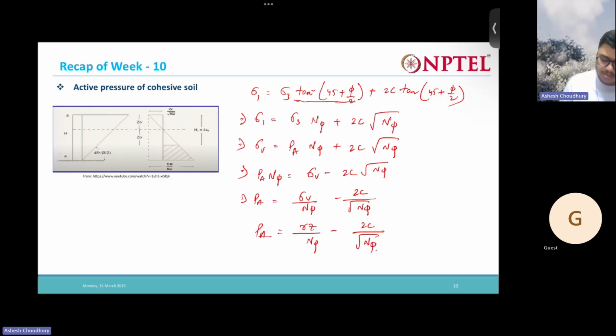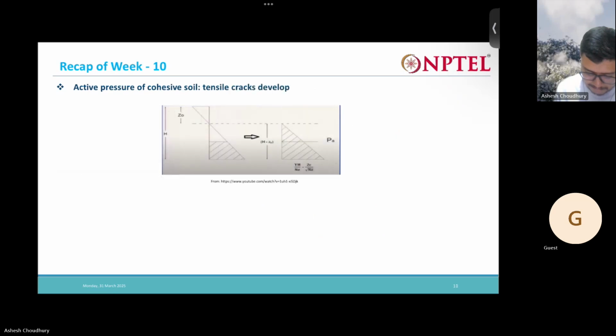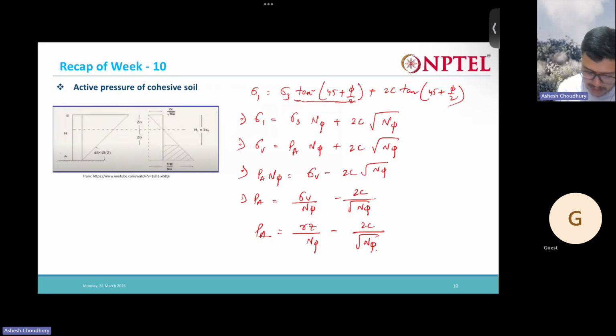This is my PA in case of cohesive soil. So you can see how the arrangement looks. The arrangement looks something like this.